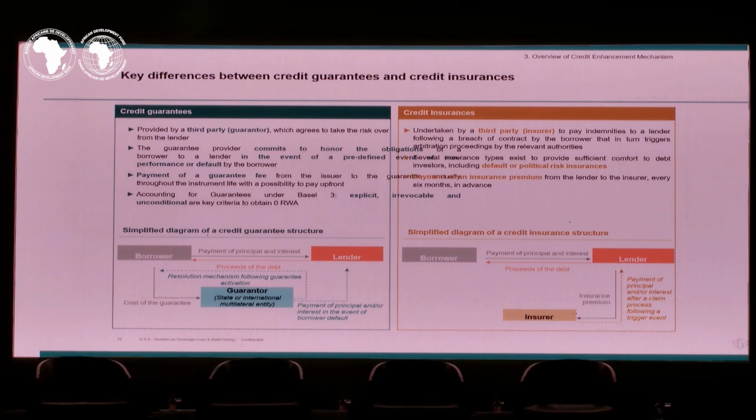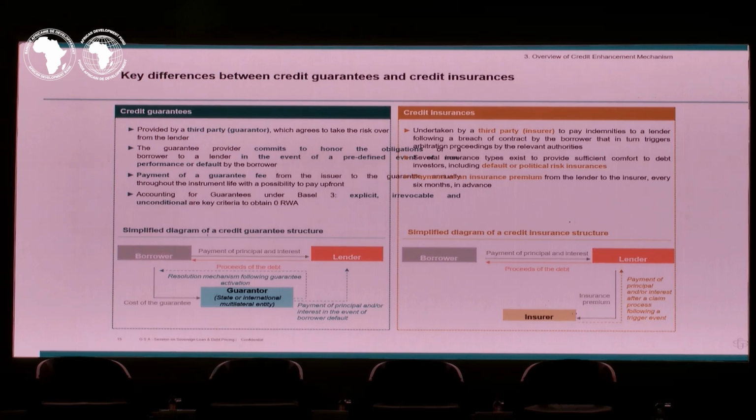In contrast, credit insurances are contracted by the lender to cover specific risks. They generally require the occurrence of a contractually defined event. It can be, for instance, a political risk or a default.